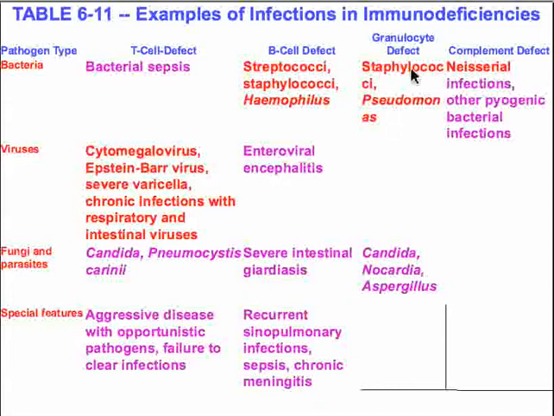So when you see patients that have various types of disorders, and you look at the expression of their disease, you can pretty much know whether it's going to be a T cell, a B cell, a granulocyte. And in the case of a complement disorder, for example, that would be similar to a granulocyte defect, but for some reason, Neisseria infections are very, very abundant with genetic complement disorders.